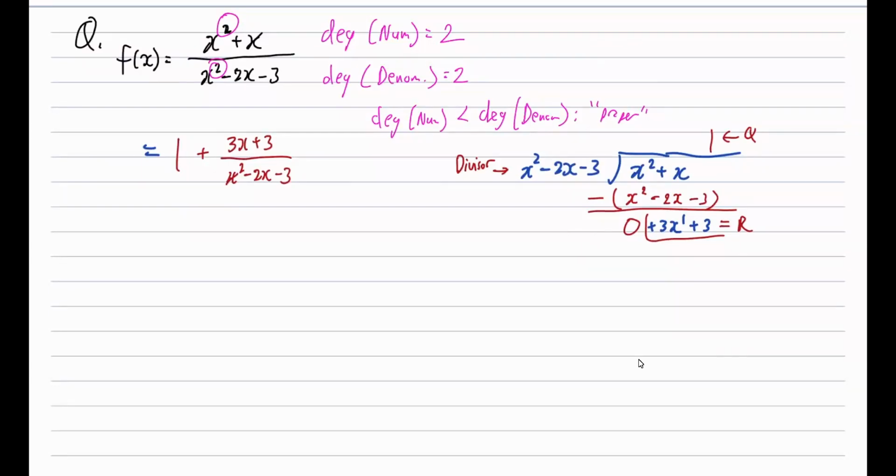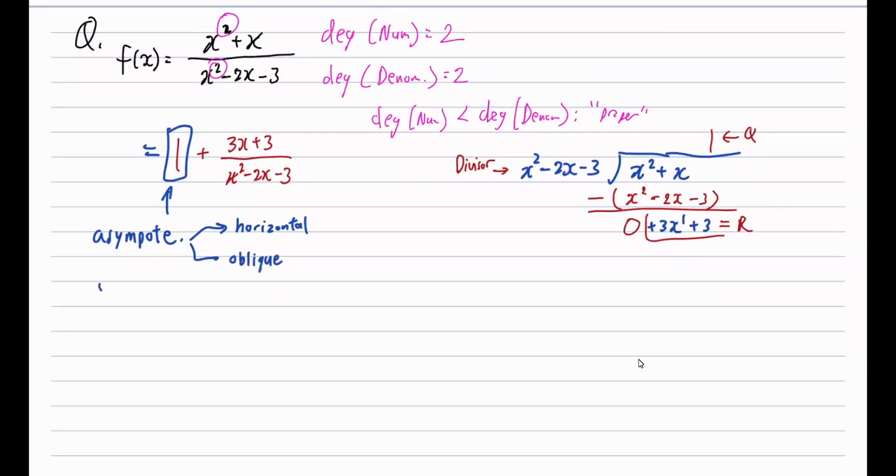Okay, good. So now what you need to understand is that this part here, the quotient, is the asymptote. It will either be horizontal or oblique.